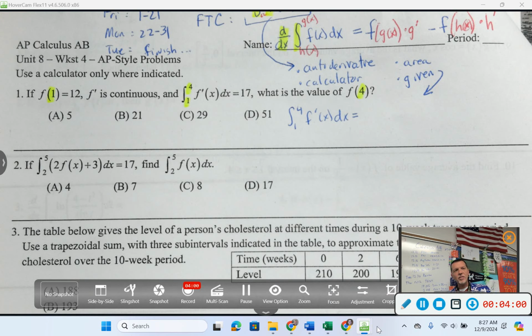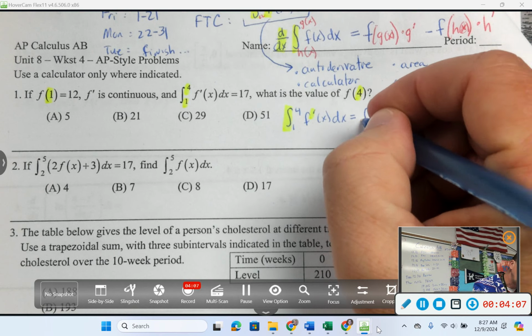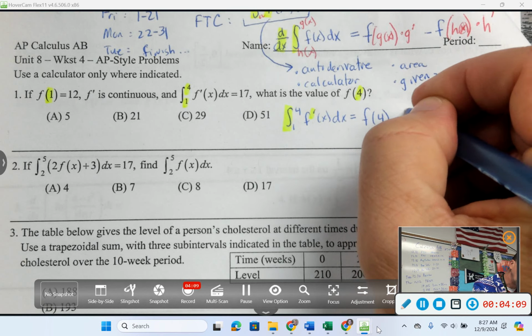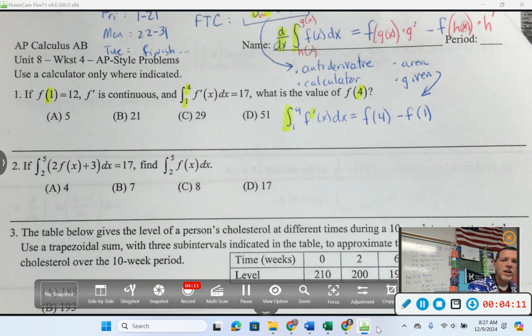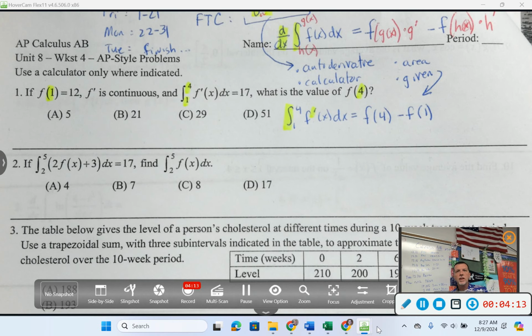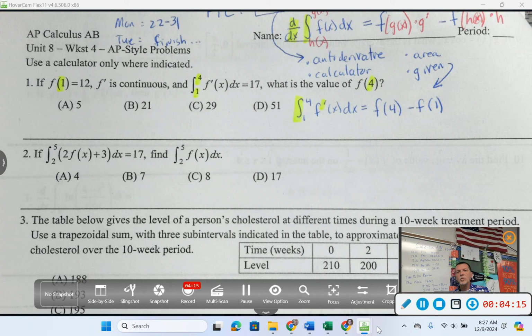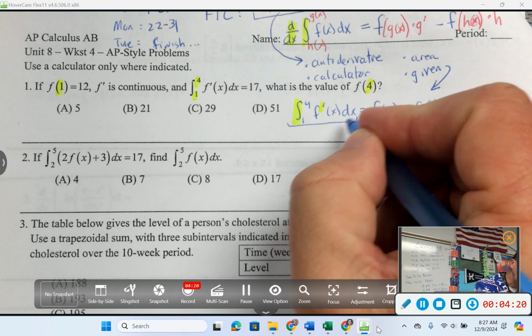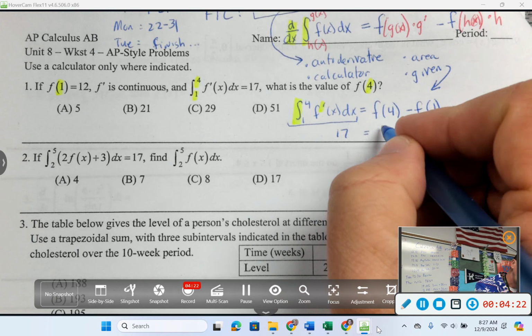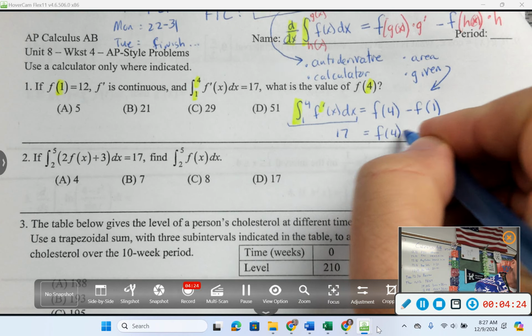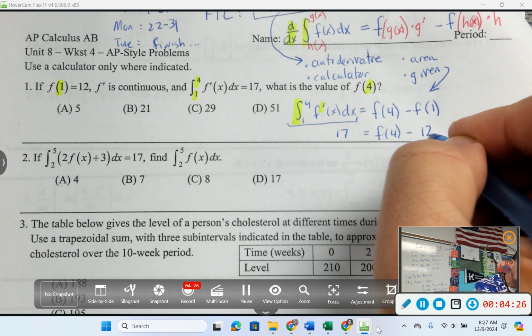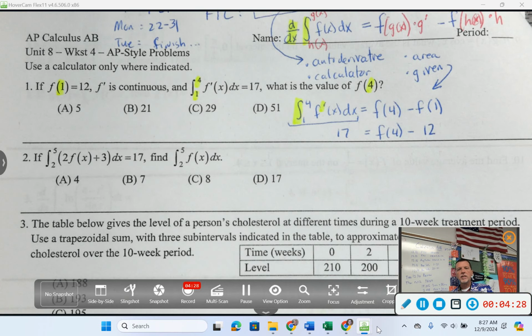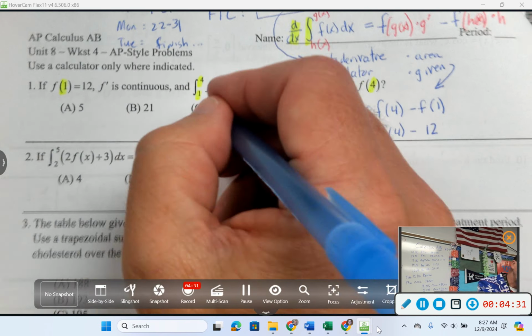I know that's 17, but also the antiderivative of the derivative cancels each other out: f of 4 minus f of 1. And this is supposed to be the easiest one on the page, because this side they told me is 17. f of 4 I'm looking for, and f of 1 is 12. So if I move 12 over, I get 29.